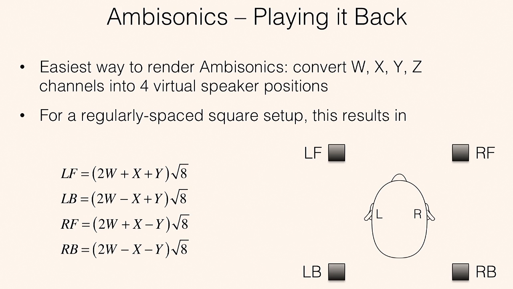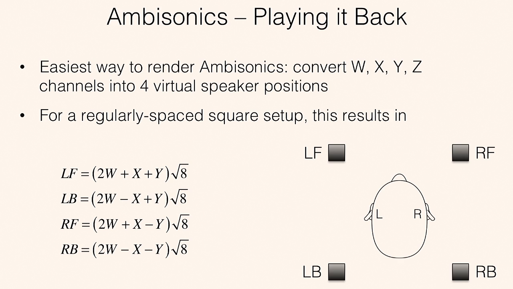Of course, no sound representation system is complete without a way to actually play the sound from it, and so we'll need to set up speaker locations that correspond to a demuxing of the WXYZ sounds. One such way to do this, and this is not the best way, it's mostly for teaching purposes if you want to implement it yourself, is to use a 4-speaker setup that's regularly spaced in a square around your head.